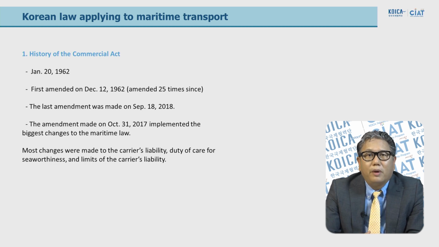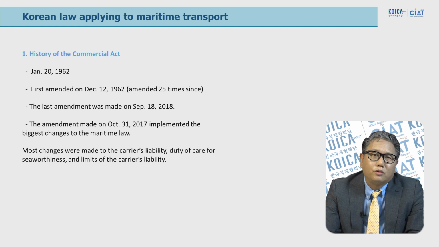It was amended on October 31st, 2017, when data from the international agreements were incorporated into this law. The carriers' responsibilities in particular were defined from the time of the loading to the time of the discharge, as per the Hague-Visby rules.